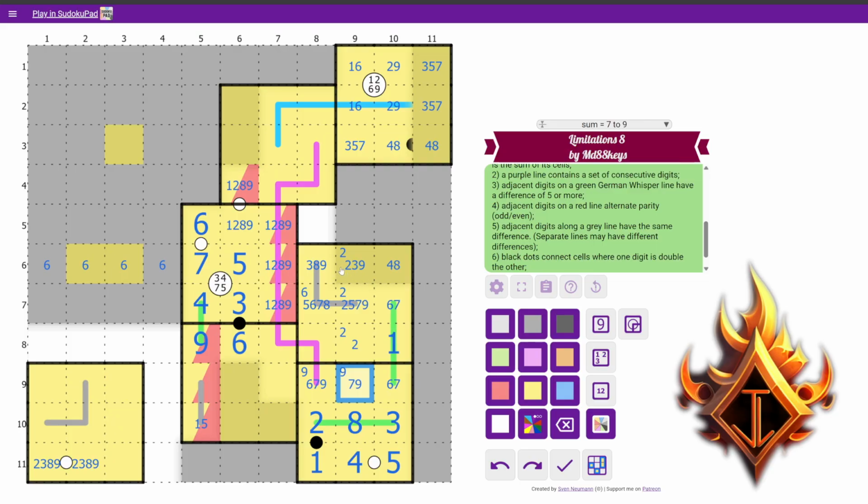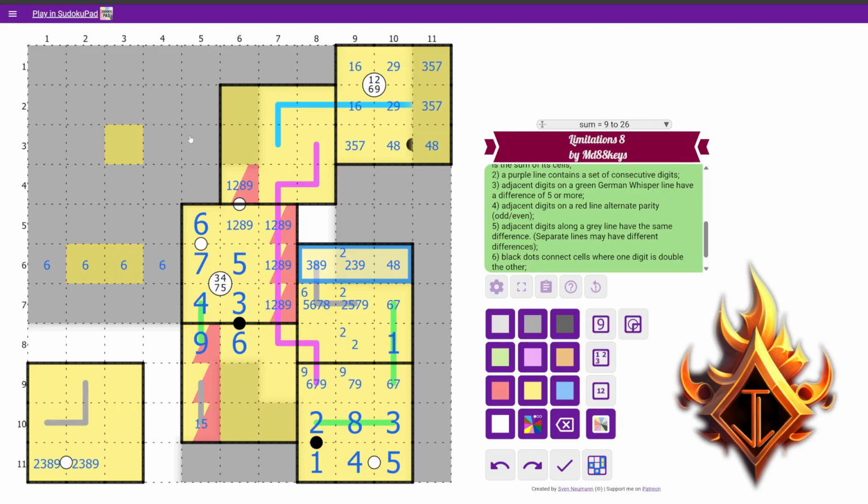So... 2, 3, 4, 5, 6. 6 is the only one. Do I need to do that with more lines though? 6 will have to go over here.